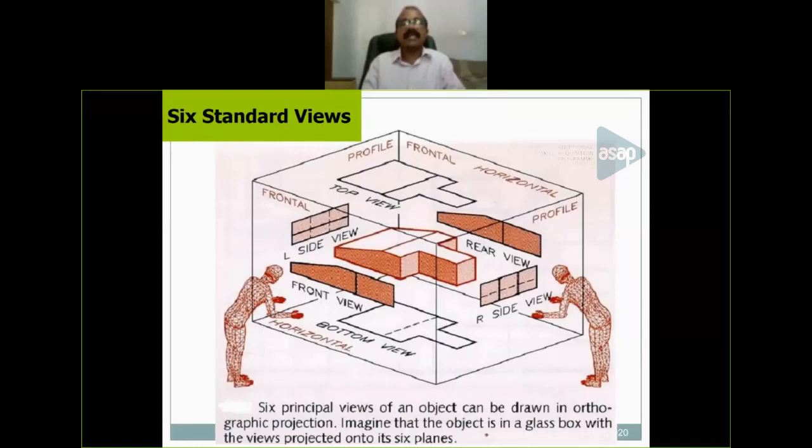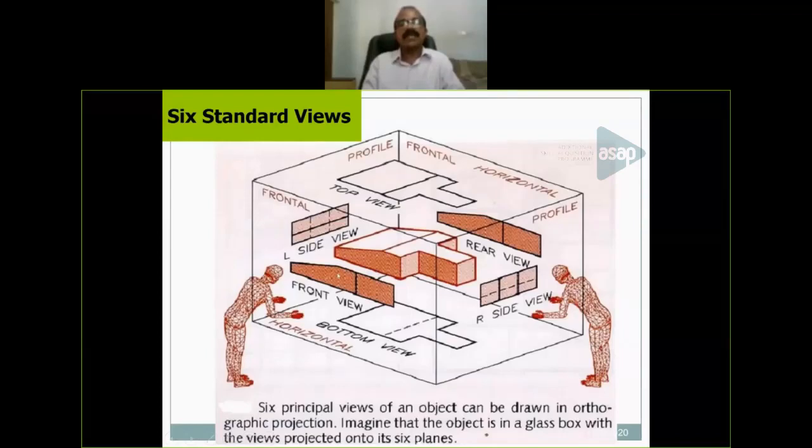See, consider this object. You can consider this as a cube, and the object is placed inside this cube. All the cube surfaces you can assume as different planes, and you can see the front view. The frontal view is the elevation part. Elevation of this object you can see in the front view.